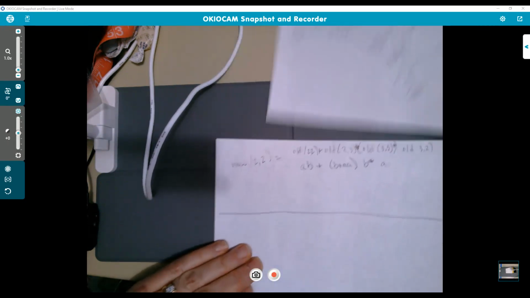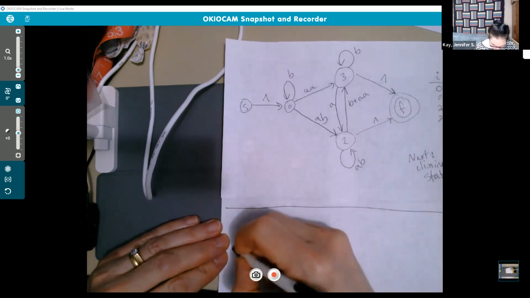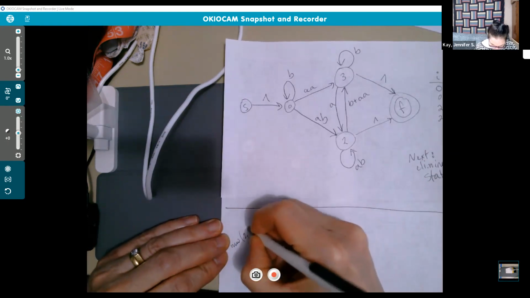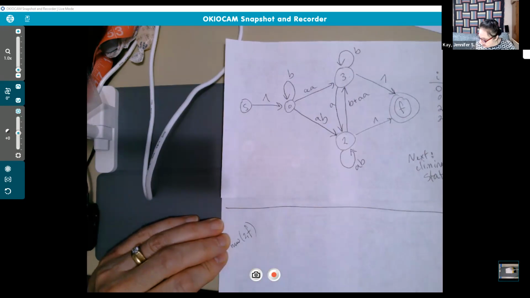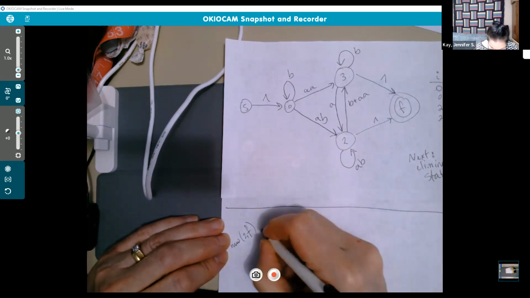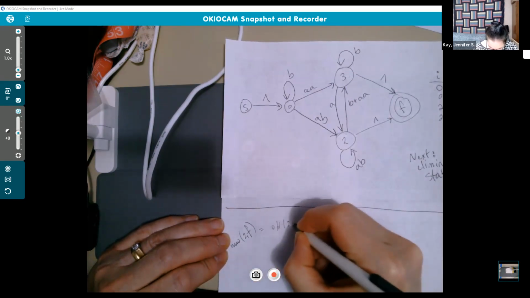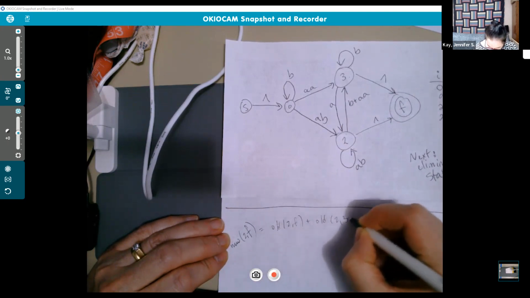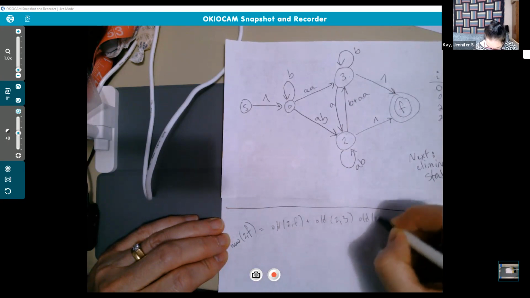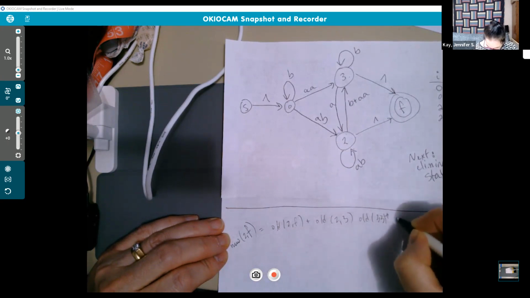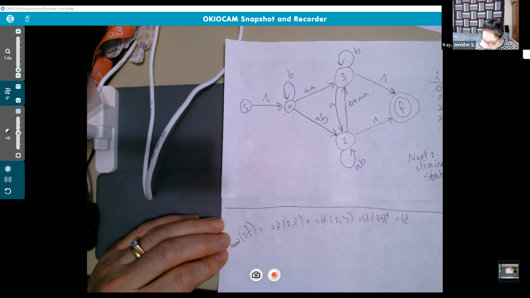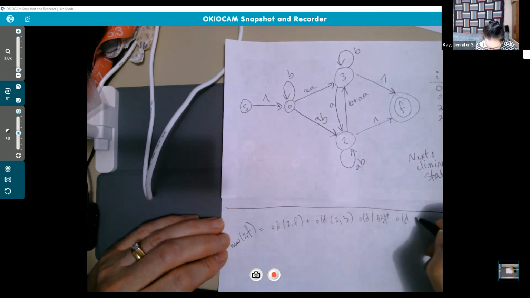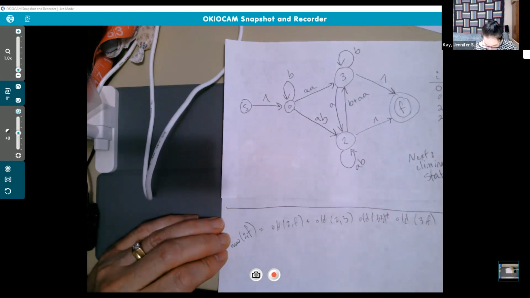And then we just had to do the new 2 to F. The new 2 to F equals the old 2 to F plus the old 2 to 3 times the old 3 to 3 star times the old 3 to F. So what'd you get for this one?